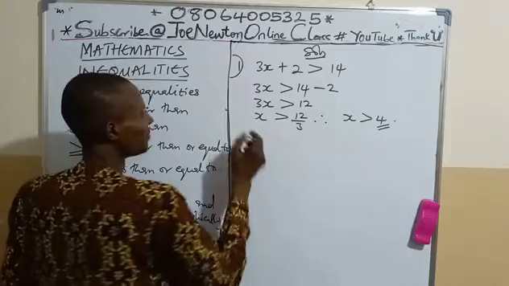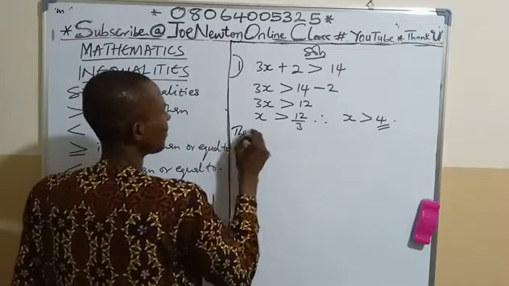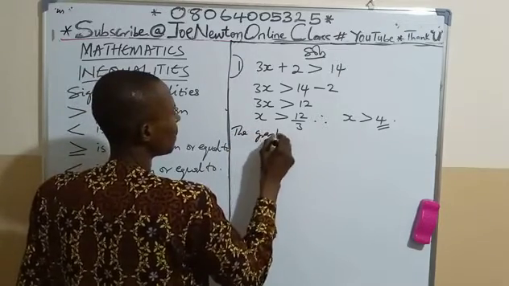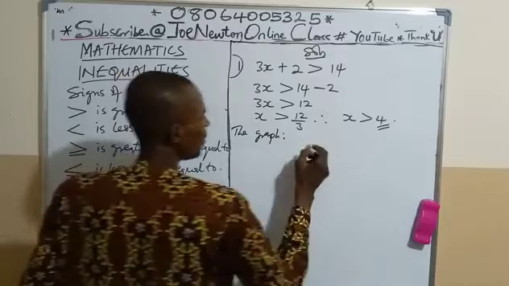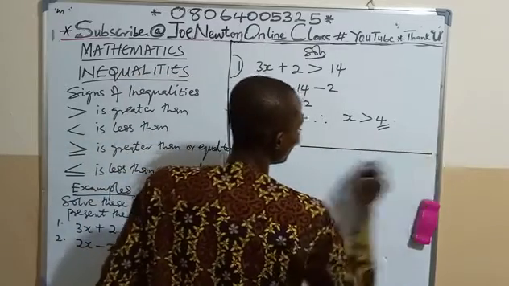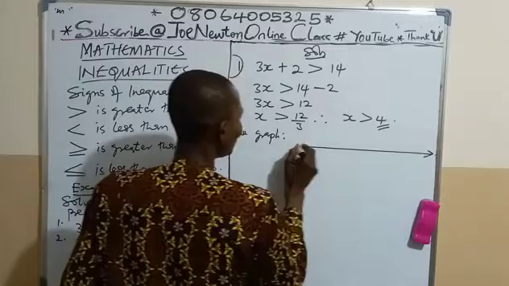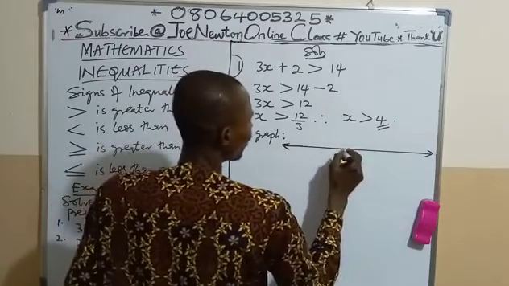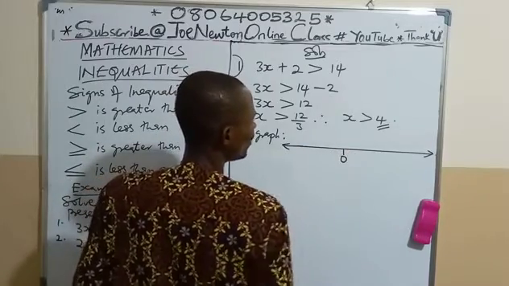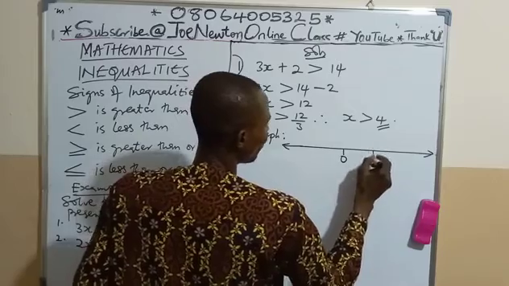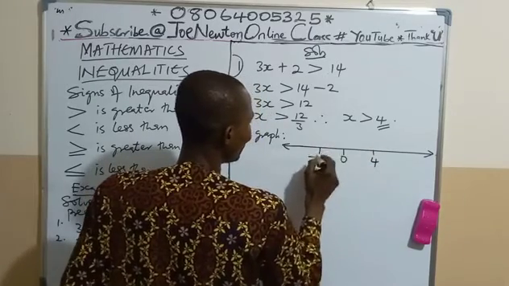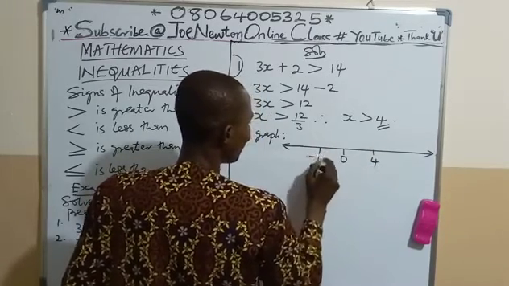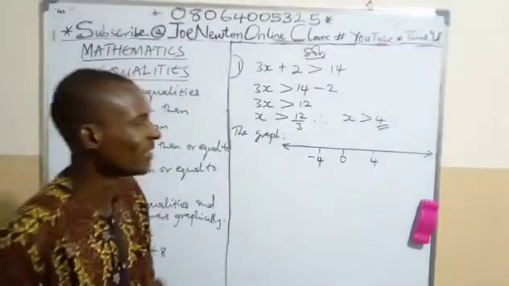Now, the graph. For the graph, this is what you have. You make a number line so that this is 0. Let here be 4. Let here be negative 4. We may not be listing all the numbers.